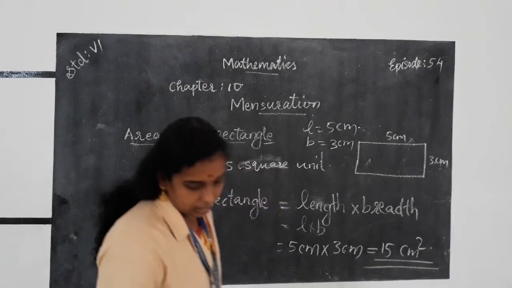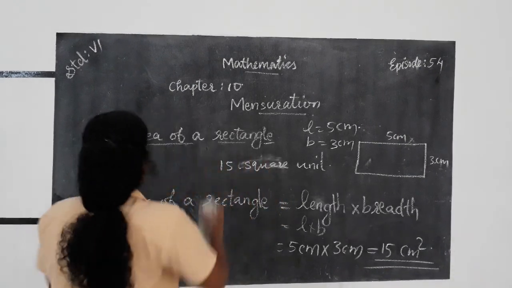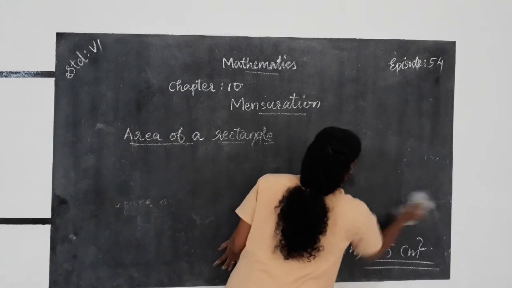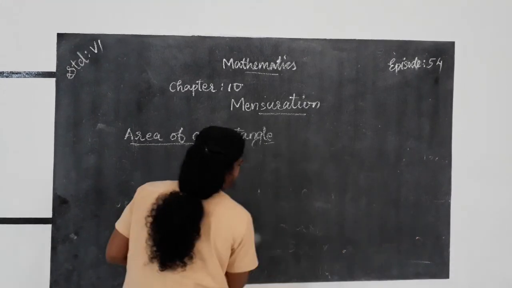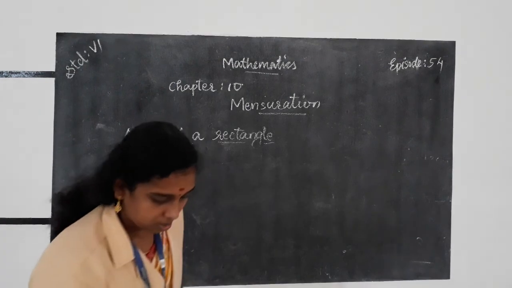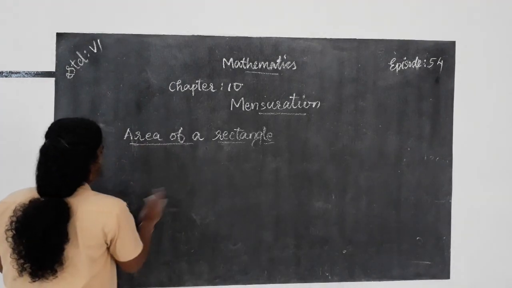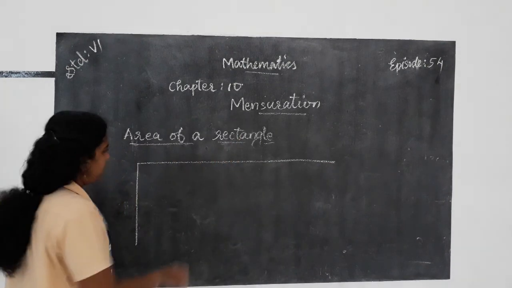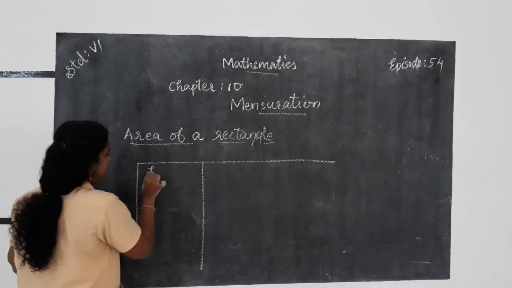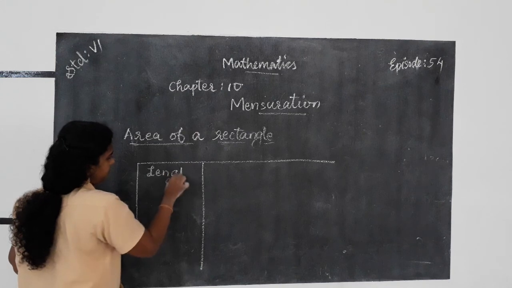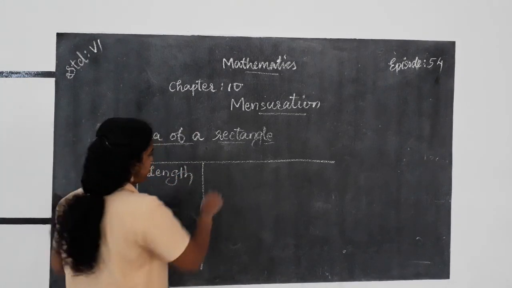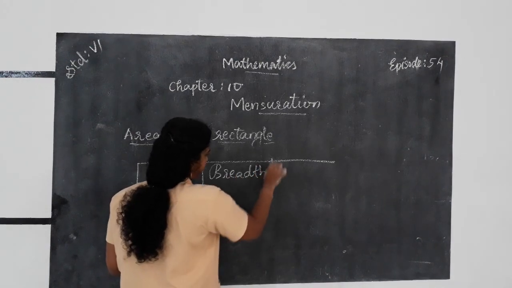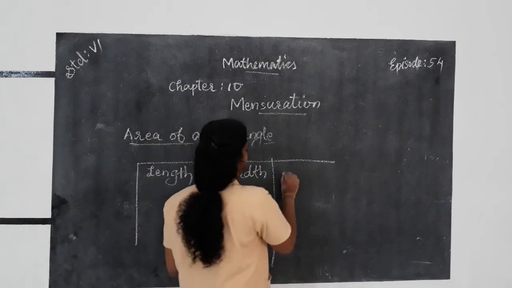Then in your textbook there is a table, in the first column length, breadth and area.